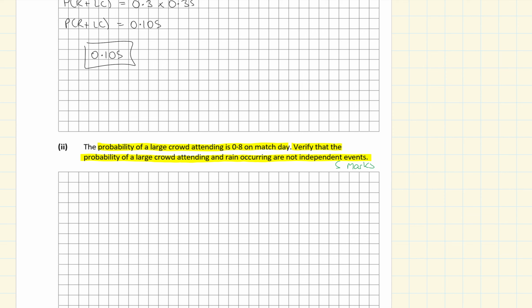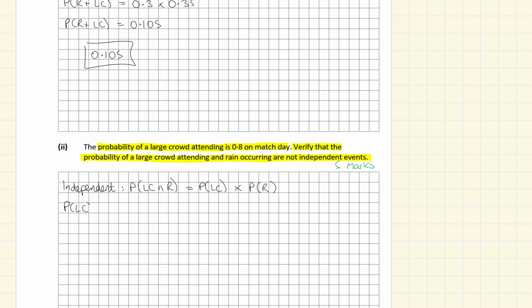So what that means then is that, like we looked at in the last exam question, if they are independent, then it will mean that the probability of a large crowd intersection rain will equal the probability of a large crowd multiplied by the probability of rain. And we're just going to use our workings essentially from part 1 to help us with this.